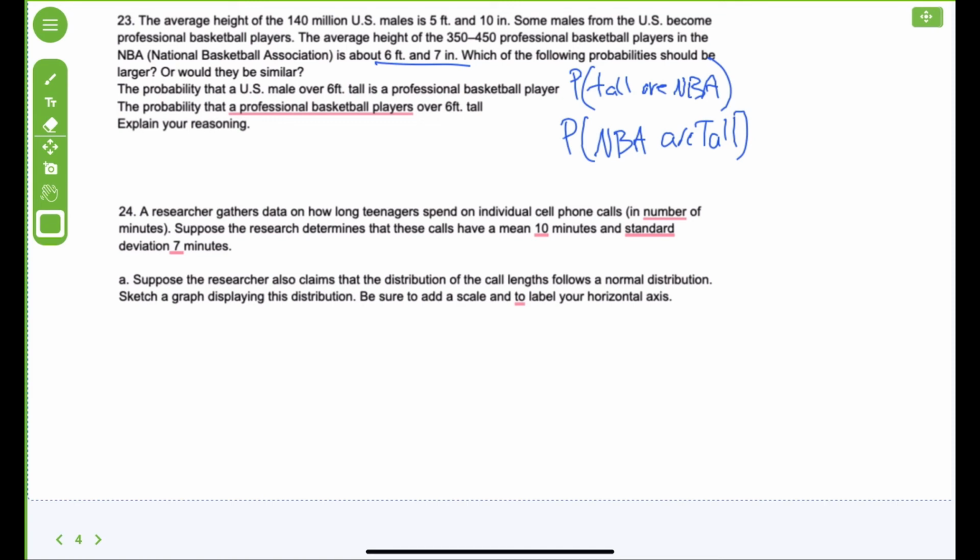Yeah, that's much more likely to be the probability. This would be much higher. That if you're in the NBA, you are tall. It's not really probable that just because you're tall, you're in the NBA. So this probability would be higher.